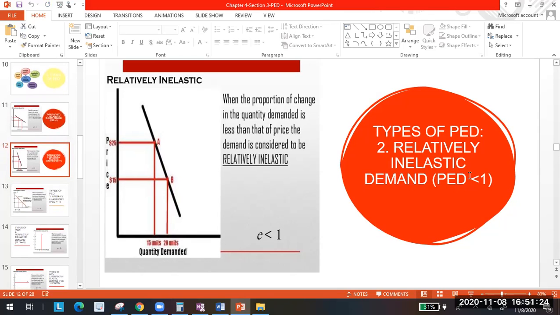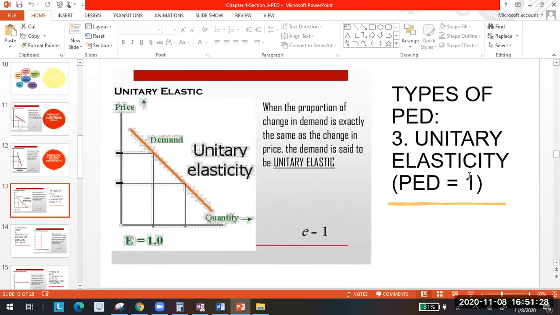All right. So can you see this, unitary elastic? Please read it. Unitary elastic. When the proportion of change in demand is exactly the same as the change in price, the demand is said to be unitary elastic. It's equal to 1.